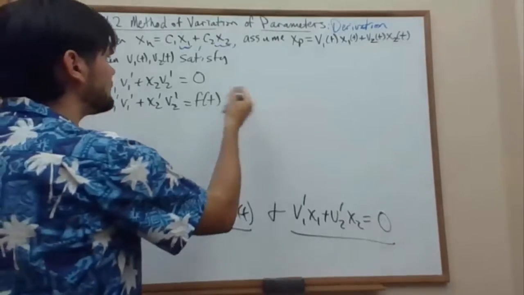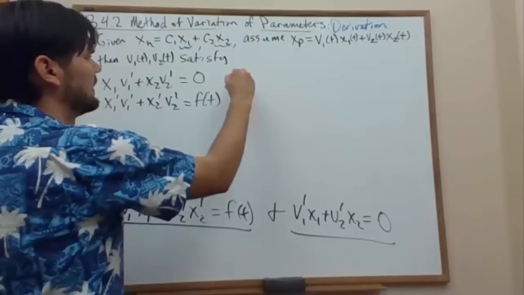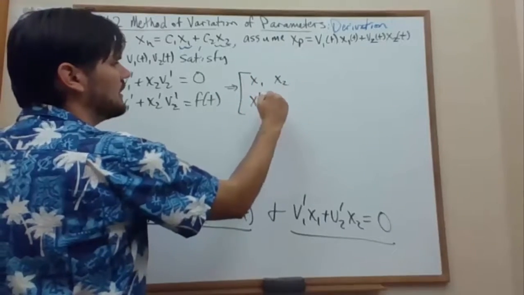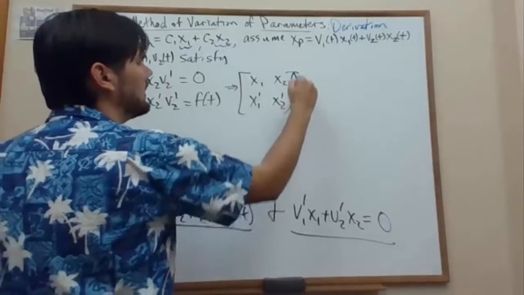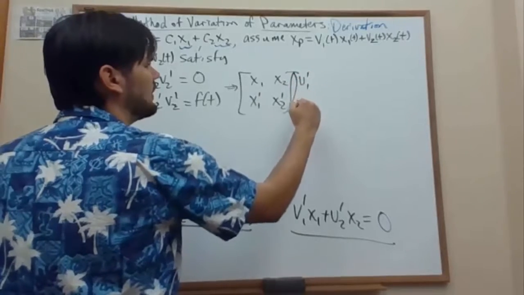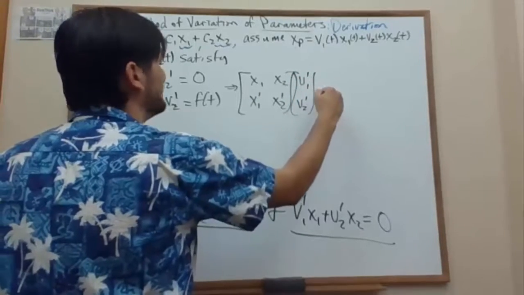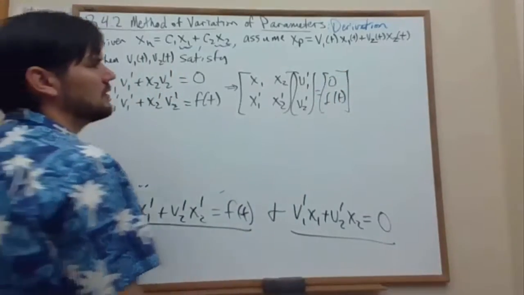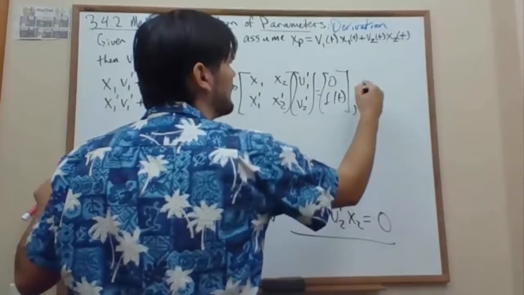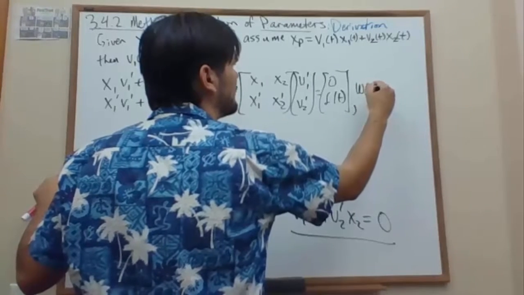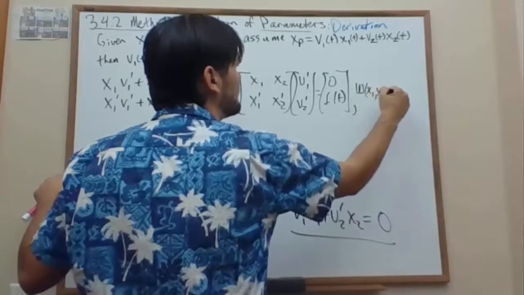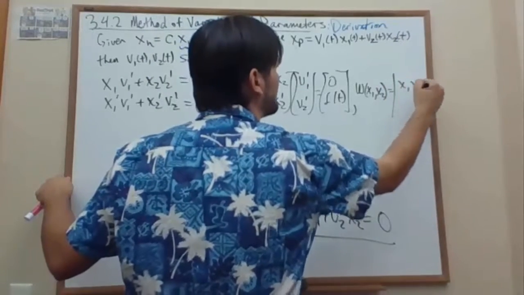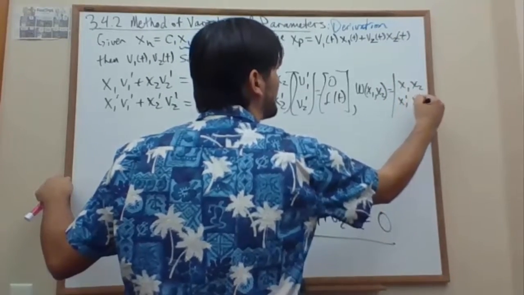In fact, we can write this in matrix form as the matrix with rows x1, x2 and x1 prime, x2 prime, multiplied by v1 prime, v2 prime, equaling 0, f of t, where the Wronskian of x1 and x2 equals the determinant of this matrix.